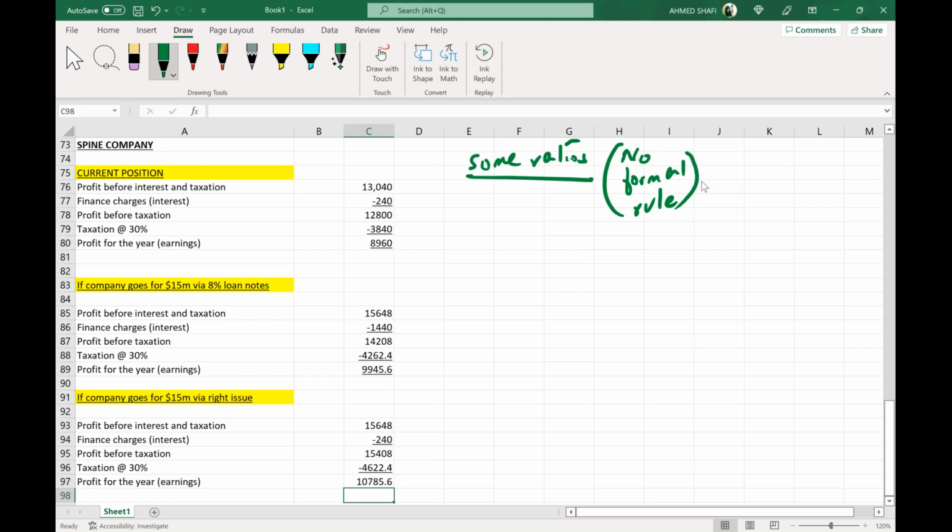Maybe you will compute some other ratios apart from mine, but we will compute some ratios and decide whether it should go for loan notes or rights issue. But whatever ratios we compute, since we have profits, I think we should compute EPS definitely.